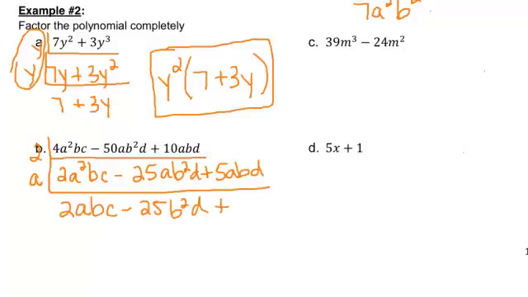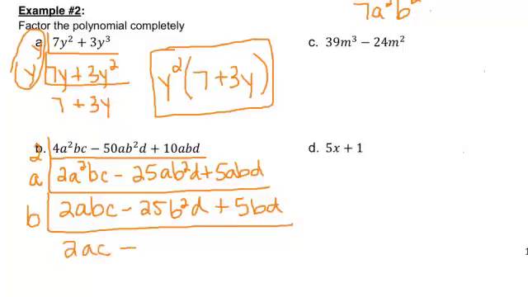And again, for the 5, we divide out the a's, so we're just left with 5bd. And the other thing I noticed that they still have in common is a b. So then I'm going to divide out the b. So I'm left with 2ac minus 25bd, because one of our b's cancels, plus 5d.